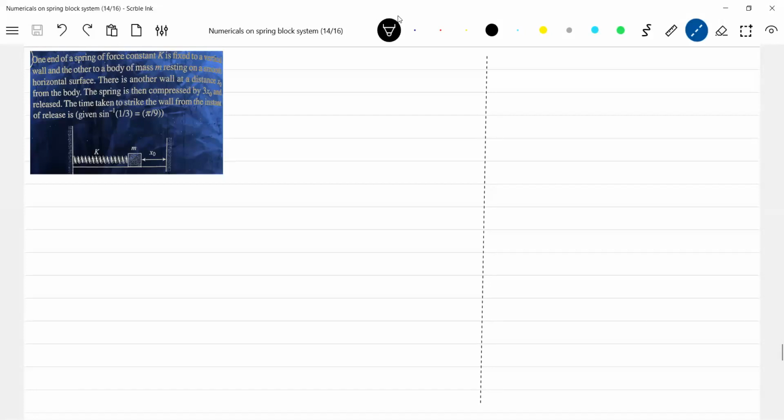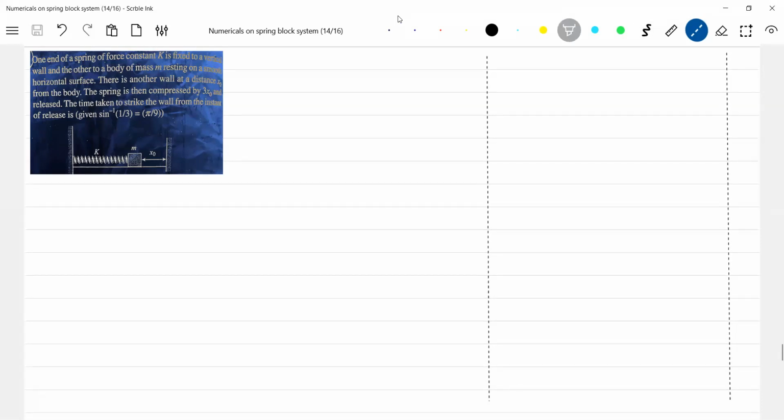So on one side, we have a wall. A body on a smooth surface, and there is another wall at a distance x naught. The spring is then compressed by 3x naught. This is the natural length.